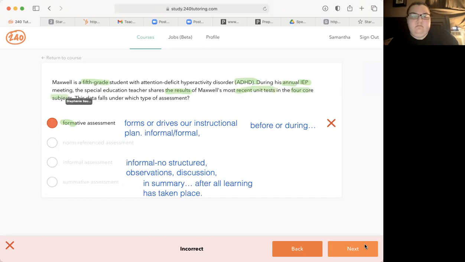Okay, so this type of data falls under what type of assessment? Is this data being used to create and plan instruction, or is it being used to see if supportive strategies are working overall in instruction?